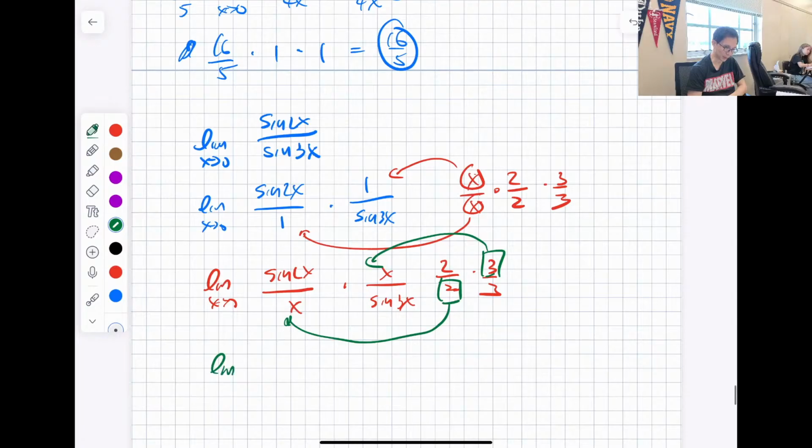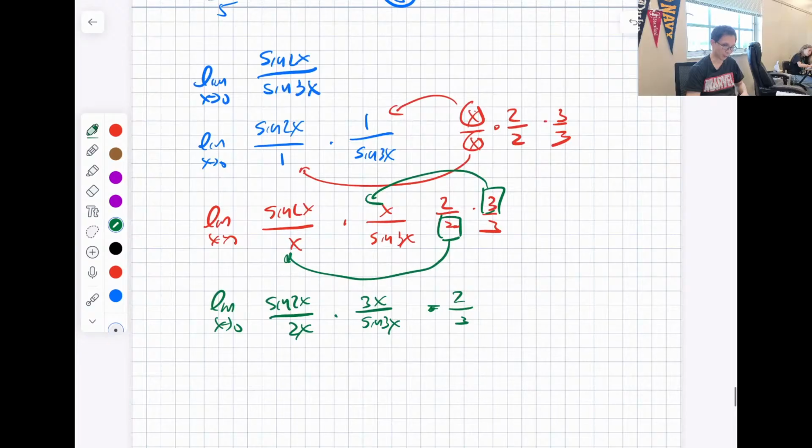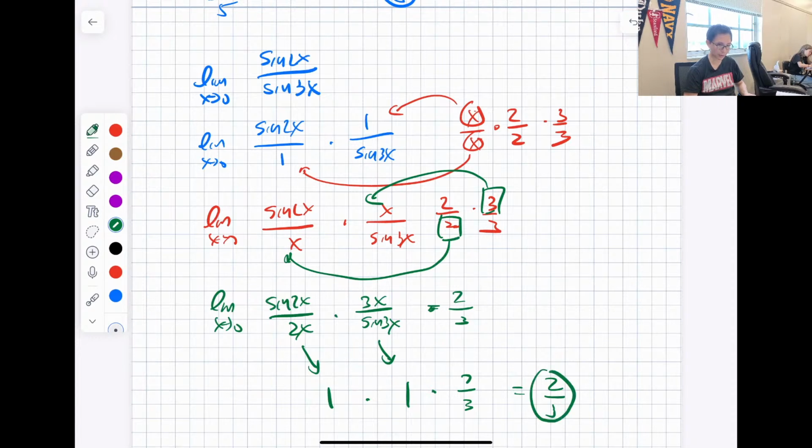Then you have the limit as x approaches 0 of sine of 2x over 2x and 3x over sine of 3x, times 2 over 3. Again, the constant can be moved outside, and this all becomes what? 1, 1. So 1 times 1 times 2 over 3 is 2 over 3. So the answer is 2 over 3.